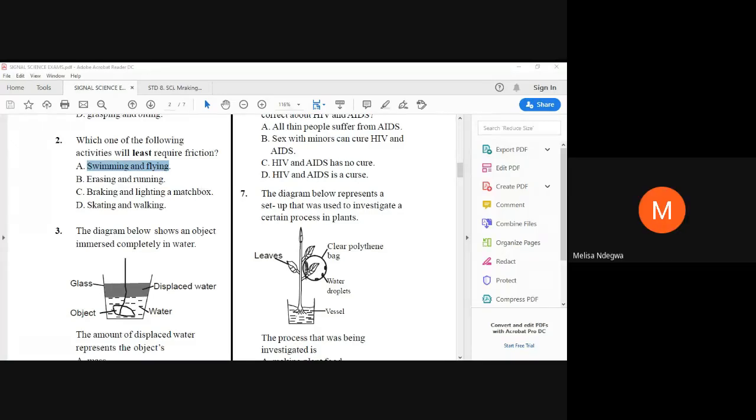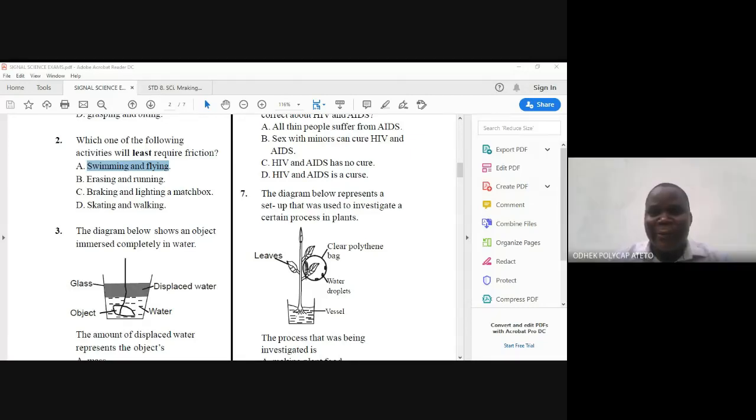Say that increasing surface area is a way of increasing friction. I think increasing surface area is not a way of reducing friction, because if you have a house, how will increasing the house reduce friction? So I think that one is not, but you can still do research.